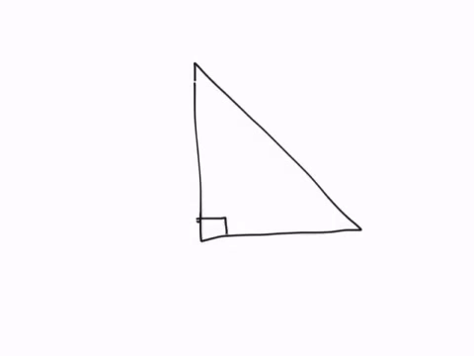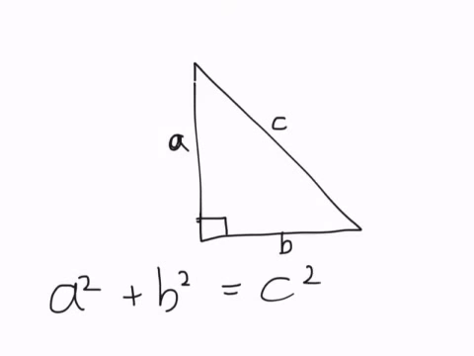Then, the two short sides, just label A and B, if you add the squares of the short sides, a squared plus b squared, you will end up getting the hypotenuse squared. If we label the hypotenuse C, as it's conventionally called, that means that a squared plus b squared equals c squared.